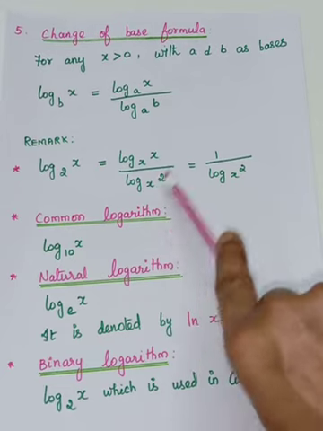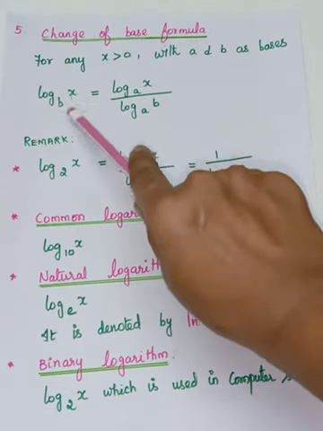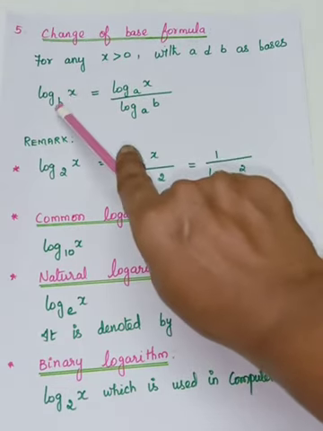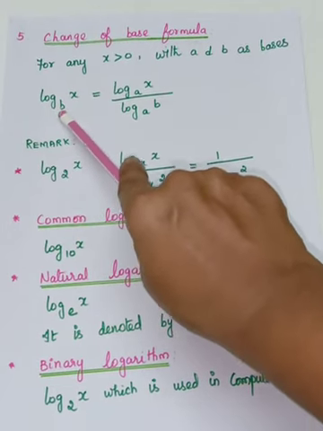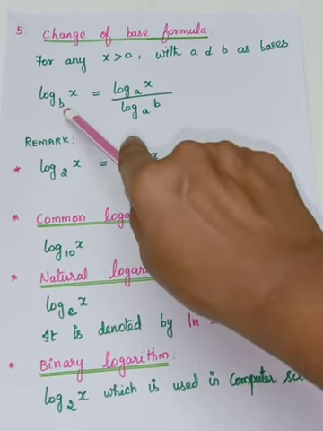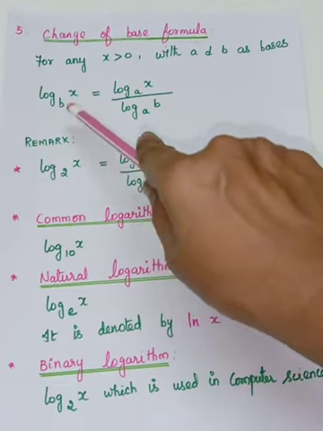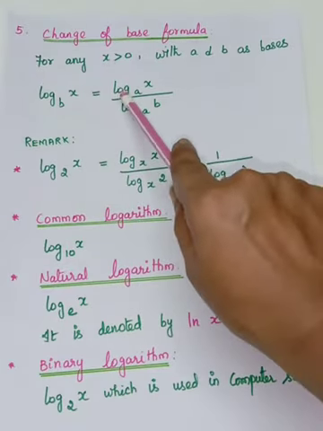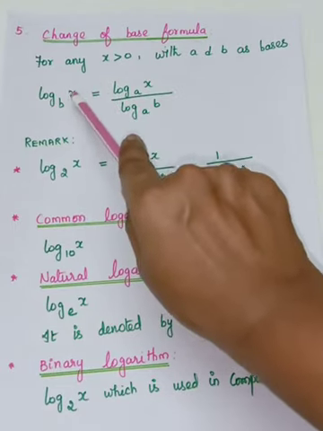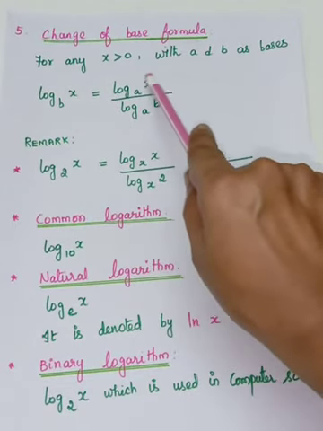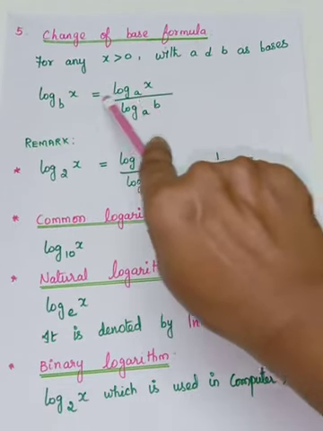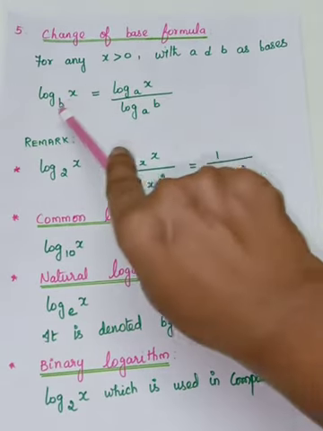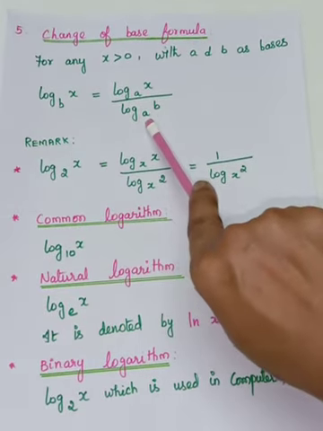Okay, see now the change of base formula. You see now here the base is b, you want to change the base to a, a different base. So how will it be? Log whatever you have here, you have to write log x to the base a divided by log b to the base a.